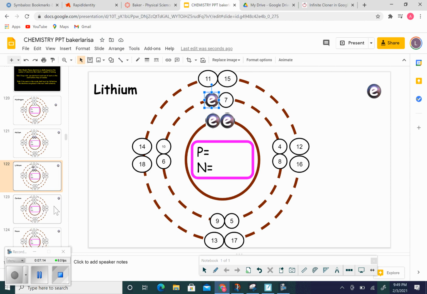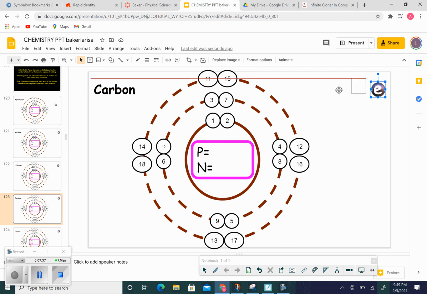Okay? Carbon goes like this. Carbon has 4 electrons. Oh, we're missing some, aren't we? Carbon has 6 electrons. Sorry, these are all mixed up. So carbon has 6 electrons. I'm missing some of these.